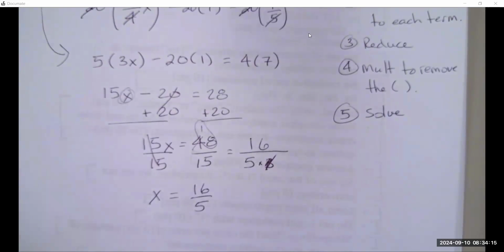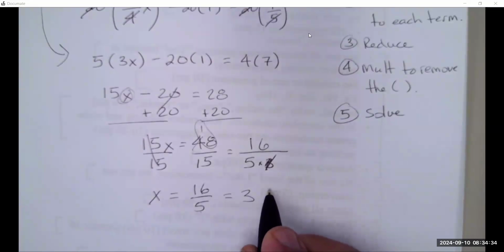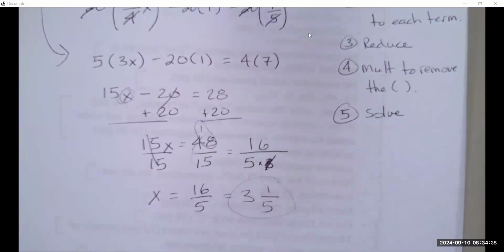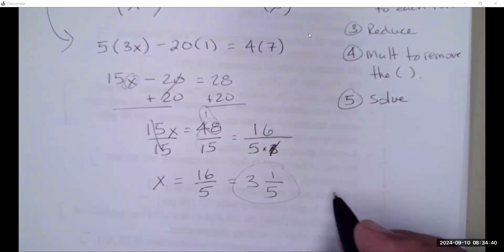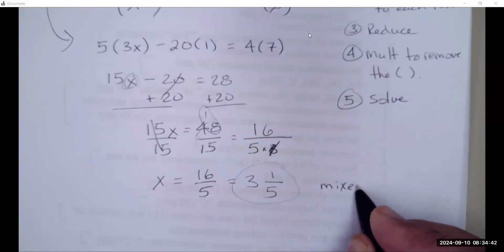The computer will take that, even though in the mathematical world, it's not an accepted format. Why not? It's an improper fraction. Yes, the top one's bigger than the bottom. So how many times does 5 go into 16? With how many left over? And that's called a mixed number.